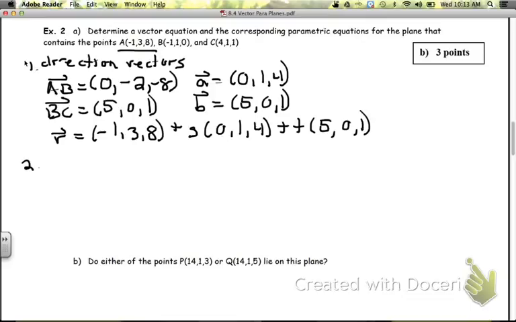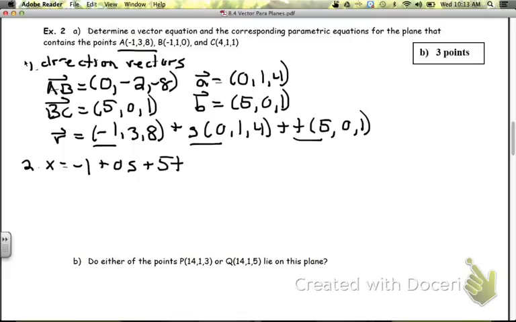Now in the second part, we want to determine the corresponding parametric equations. We have x is equal to negative 1 plus 0s plus 5t.